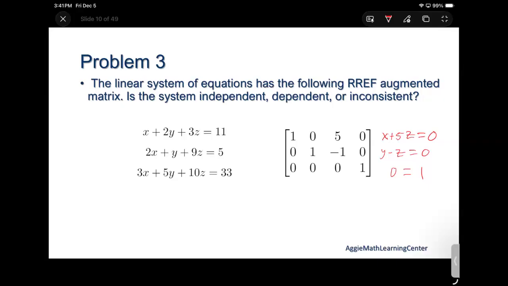What that means is that there wouldn't ever be a solution to this equation. That might be because two planes are parallel, something like that. If you ever get one of these that says 0 equals 1, it is inconsistent because that is a false statement.